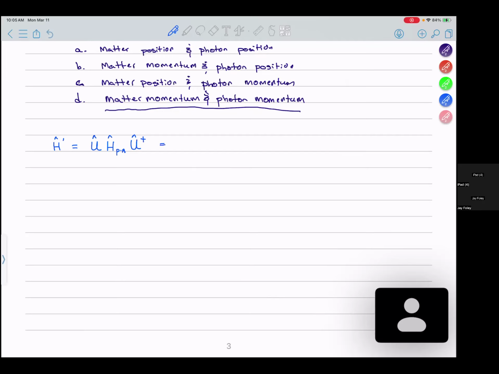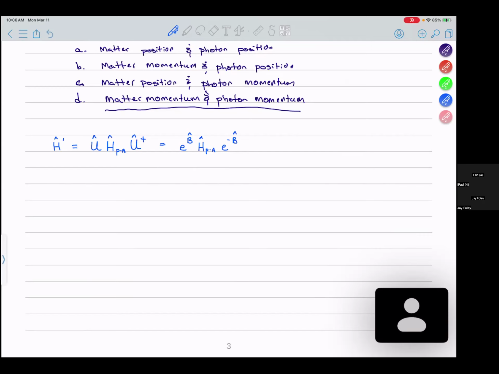So there's always a way to write these U's in the following way. E to the B hat, where B hat is an anti-Hermitian operator, times H hat p dot A, e to the minus B hat operator.